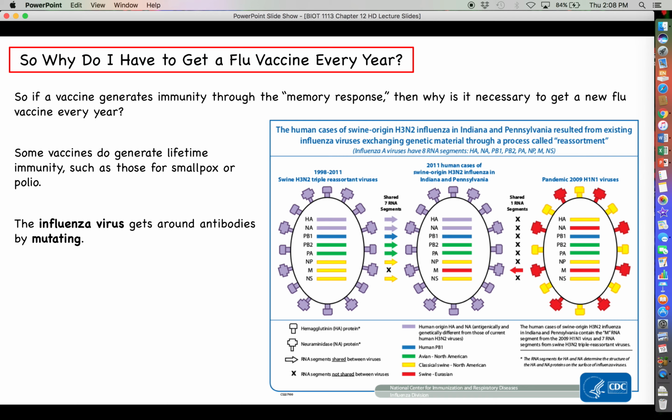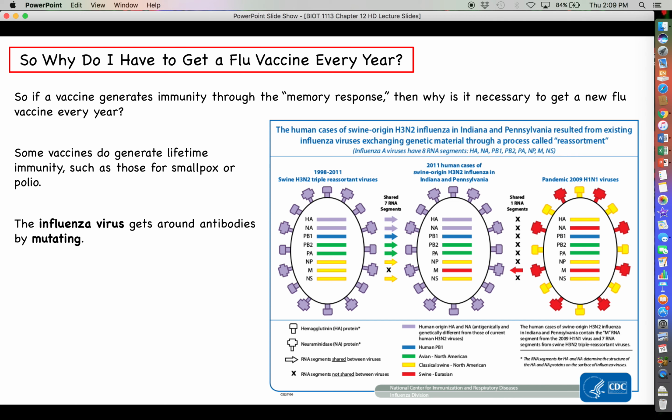Now, we didn't get to talk a whole lot about viral genetics earlier in the semester, but viruses do contain a genetic code in the form of DNA or RNA, and as always, that DNA or RNA codes for particular proteins. We've also talked about genetic mutations and how if you change the coding sequence of a piece of DNA or RNA, you're going to change which amino acids get incorporated into the protein.